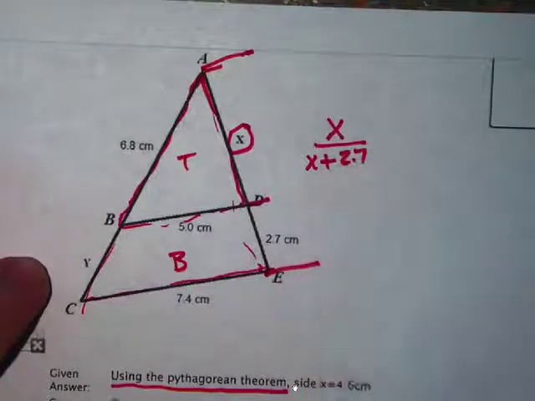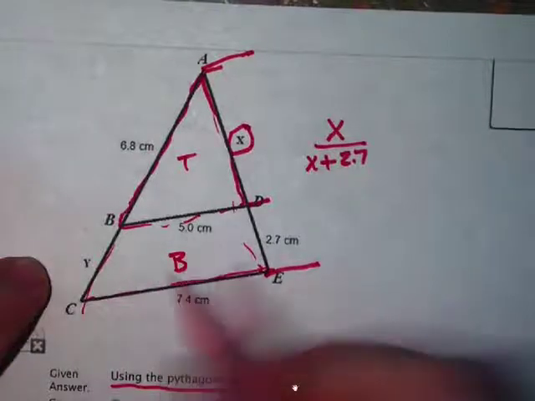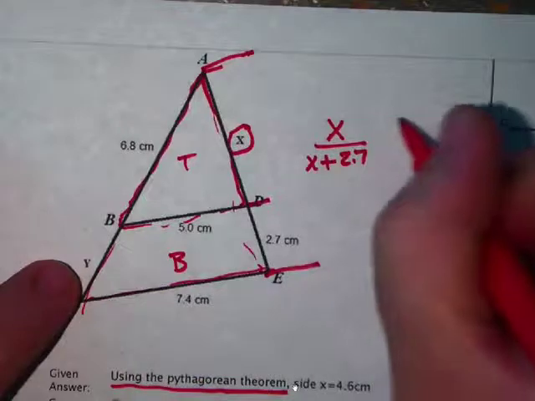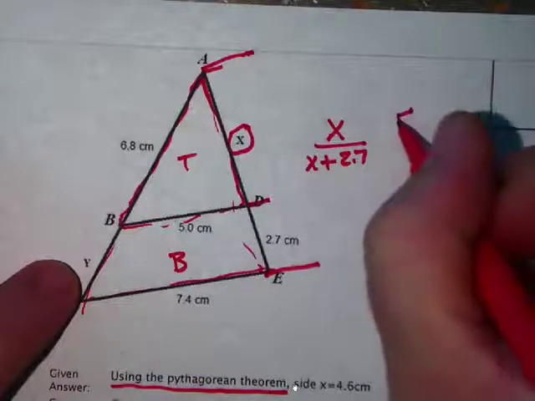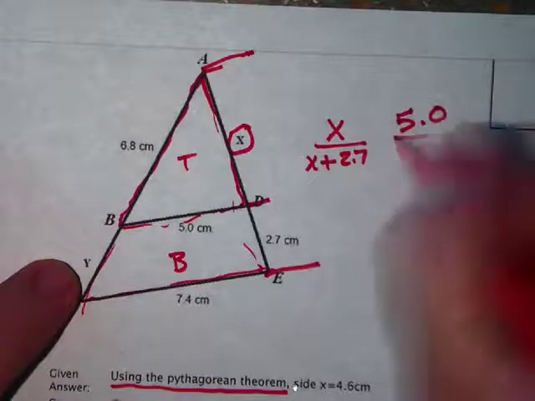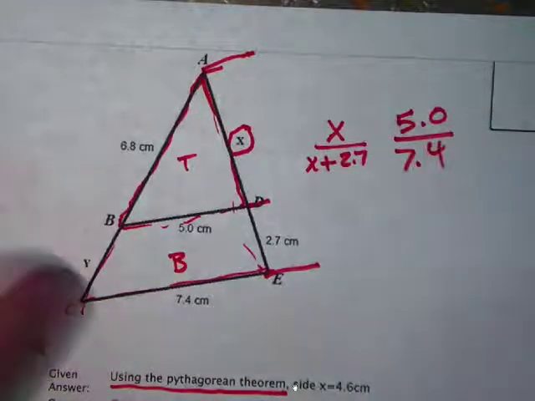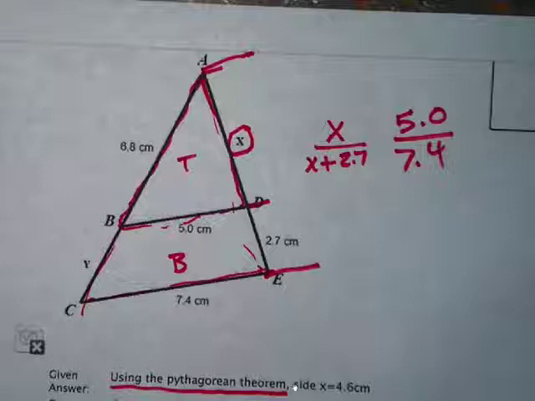That's where I'm getting the plus 2.7. And then this bottom part, we're going to have the top triangle 5.0 compared to 7.4. Okay, now with those in mind, we actually have to go through and solve some algebra here. Okay, the algebra never seems to go away, does it?